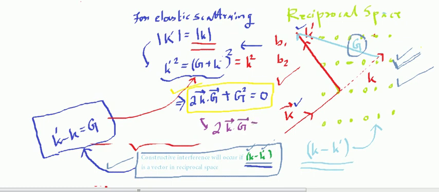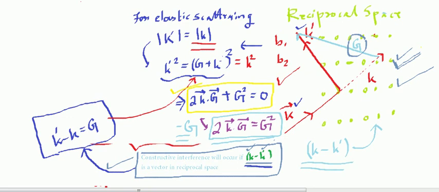Now the question is, how can I write this? Let me tell you. This is written based on the fact that if g is a lattice vector in reciprocal space, then even minus g is a lattice vector in reciprocal space. So for minus g, this case is satisfied. So this is another general form of your Bragg's law.